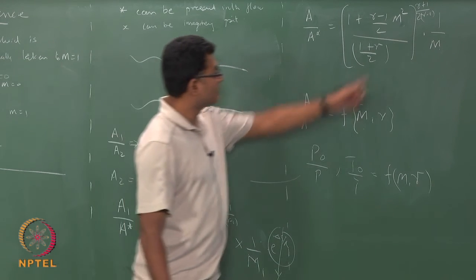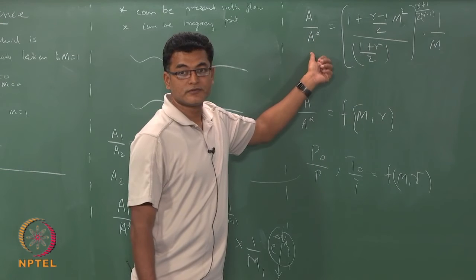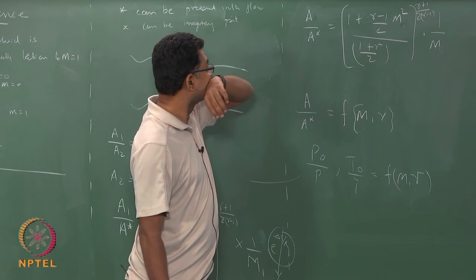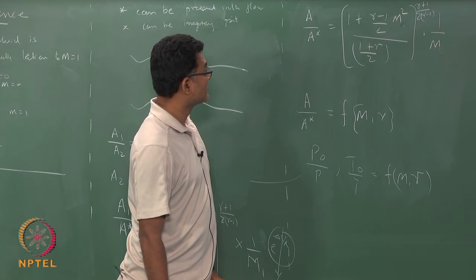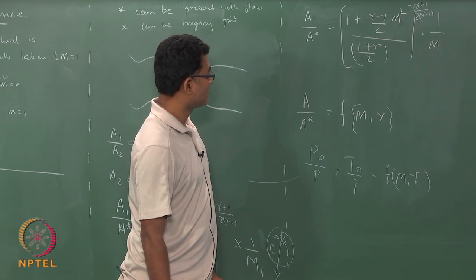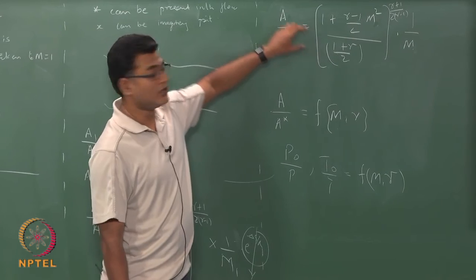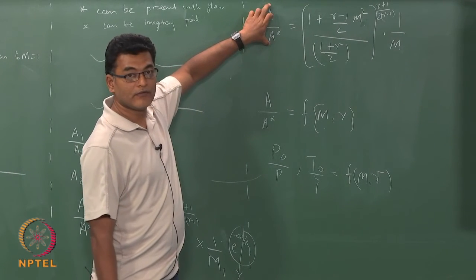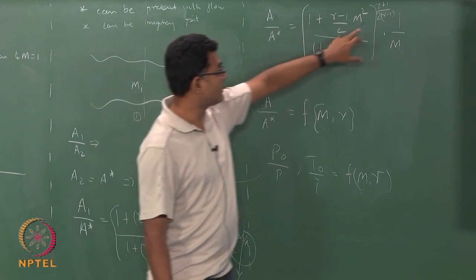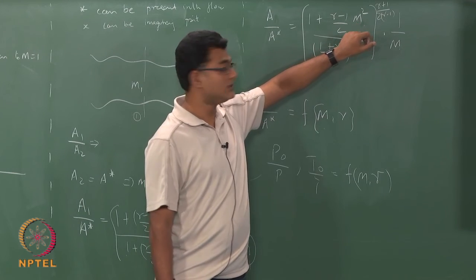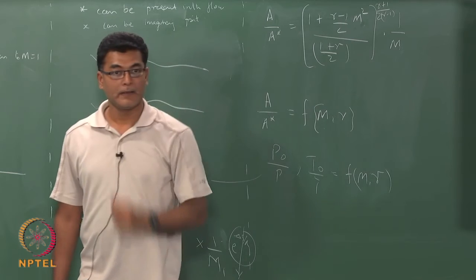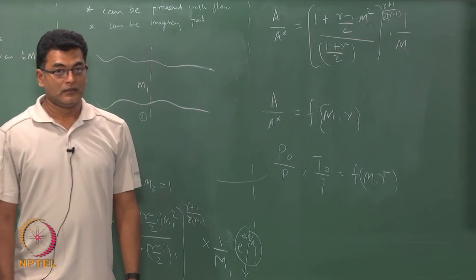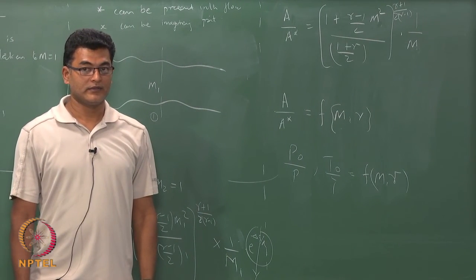So, for any given Mach number, I have one ratio. Whereas the converse is not true. For any value of A by A star, I can have 2 Mach numbers, because now this is in M square. Okay.